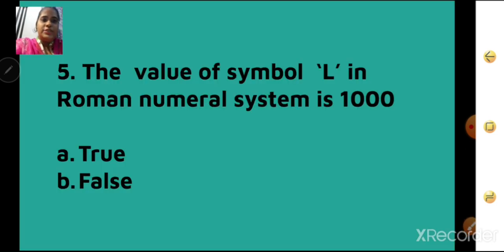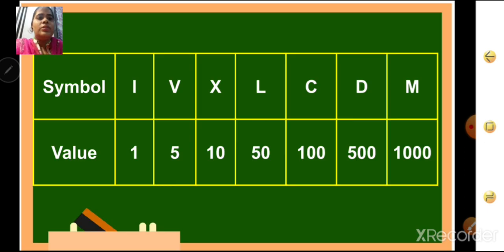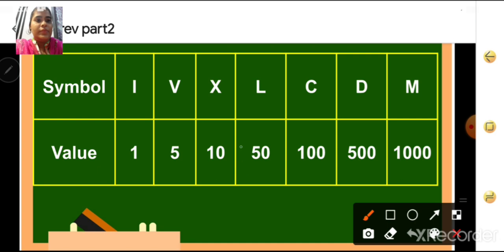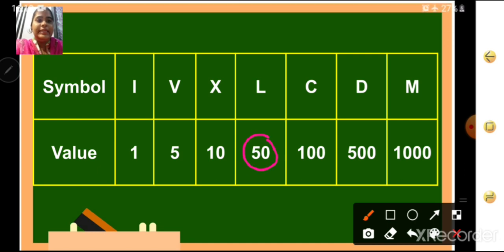The next one is from Roman numerals. The value of symbol L in Roman numeral system is 1000. Children, you have to learn the 7 letters, the symbols and their values. Okay. Now let us see what L is. Now the symbol L, here you can see it is 50.